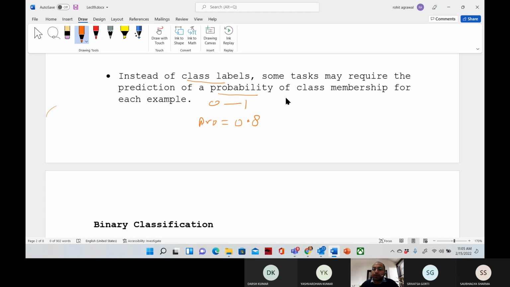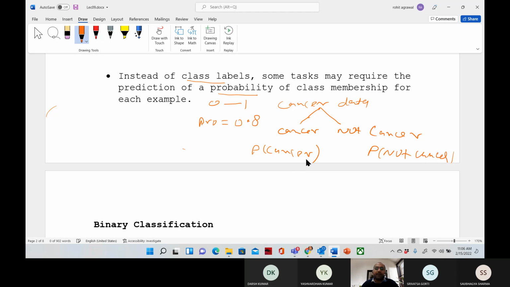Suppose I am talking about cancer data. You are not going to predict the label whether it is cancer or not cancer. You are just going to predict the probability of cancer and the probability of not cancer. Then the person will decide that if this is the probability, then this may be a case of cancer. Just like the doctor analyzes the images.